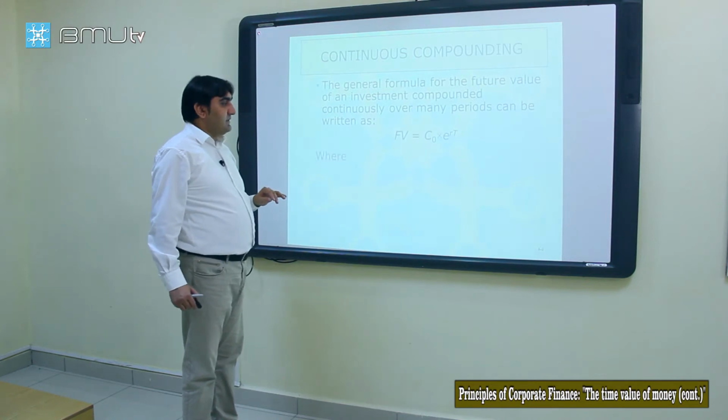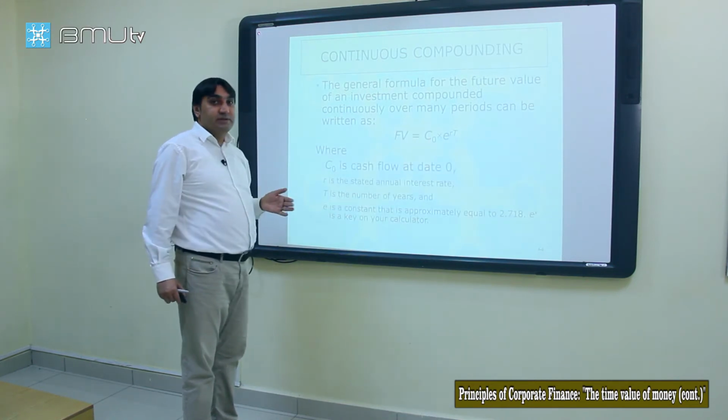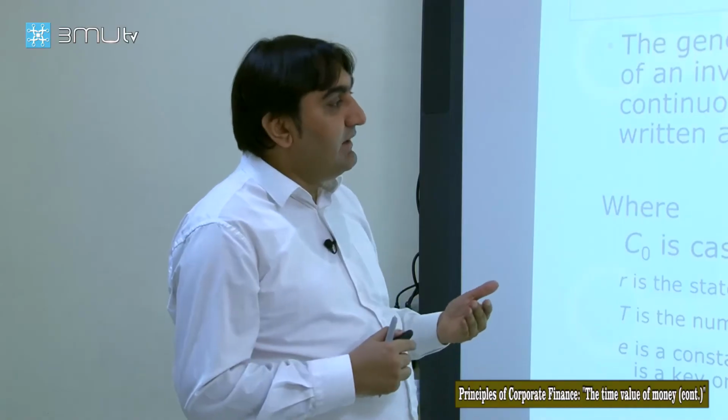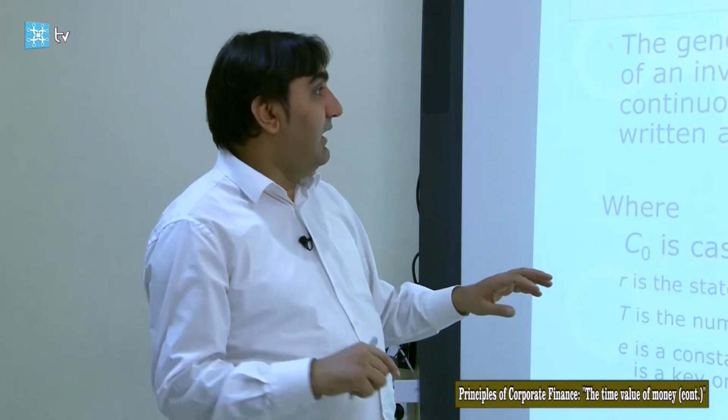Some banks and financial institutions compound at very high frequency. For example, we said daily. They may even compound hourly, even per minute or even secondly, and it may go to continuous compounding.